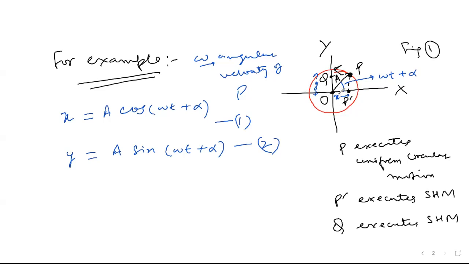Actually, we have to discuss the motion of P prime. For example, for the simple harmonic motion taking place on the x-axis, we set up mathematically a uniform circular motion, but in doing so, we get one more oscillation along the y-axis.